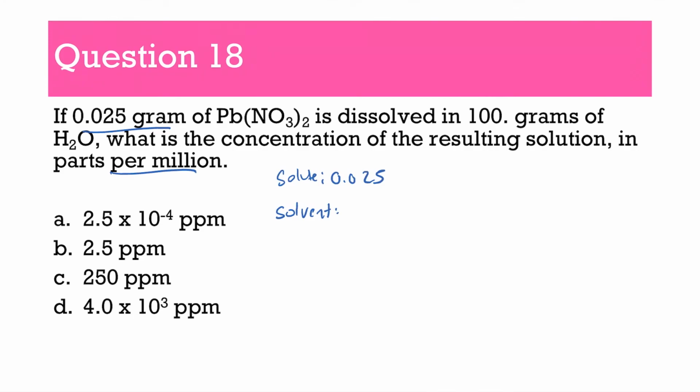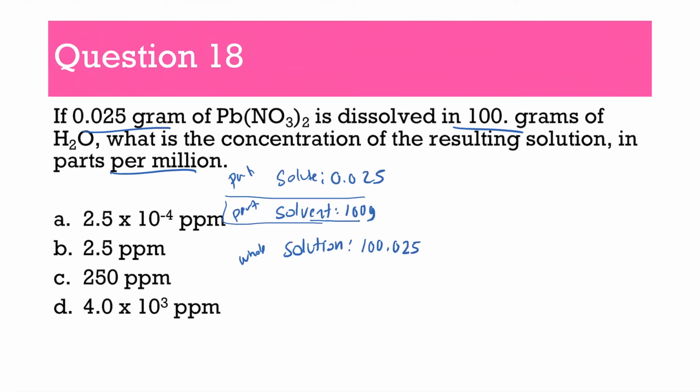We were given the solvent, the amount of water, so 100 grams, and we have to find the solution. So remember, this is your part, this is a part, and this is your whole. Generally, we don't use this part in the equation. We need to add those two up to make the whole. So 100 plus 0.025 is 100.025.